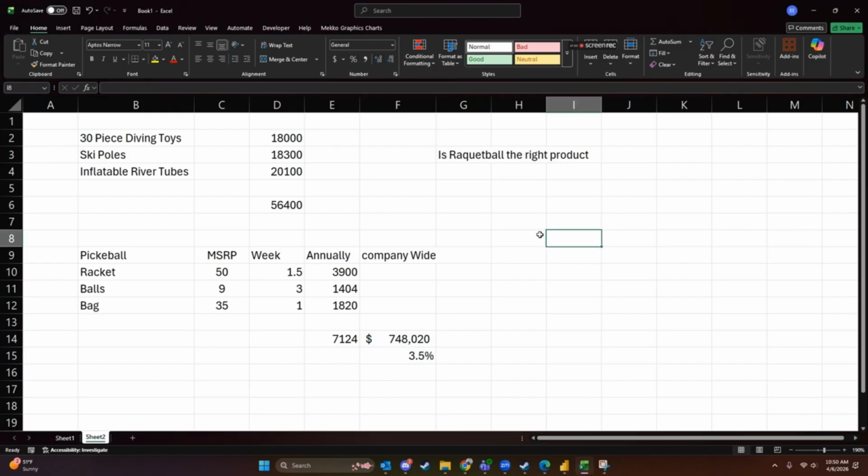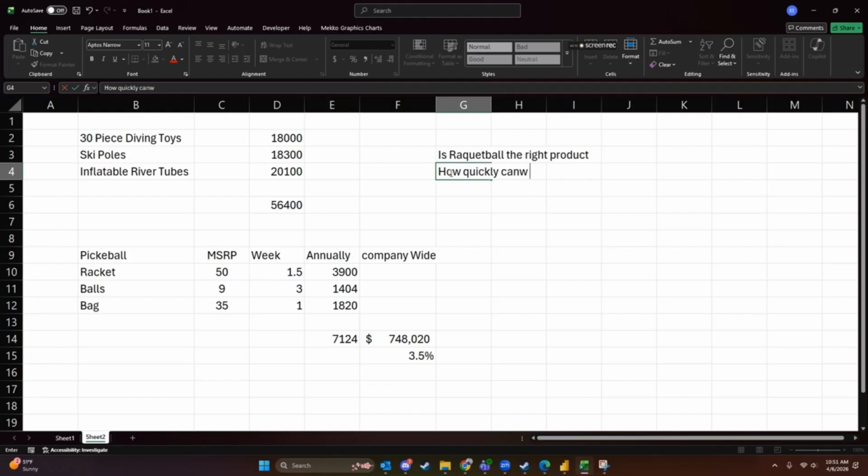So does this pass my materiality for one of my changes? And the answer is absolutely. A 3.5% change for one change would be fantastic. Another consideration is how quickly can we implement this? How expensive would it be to implement this?